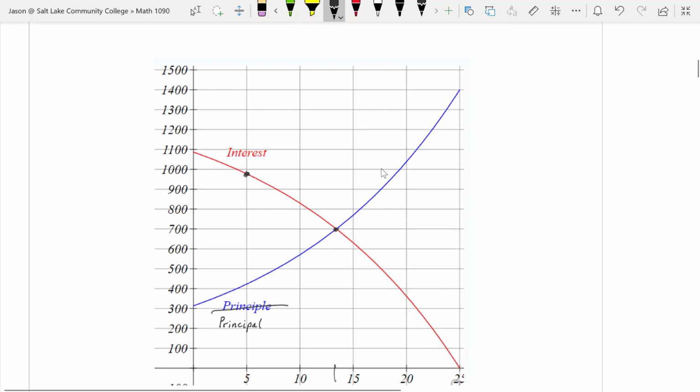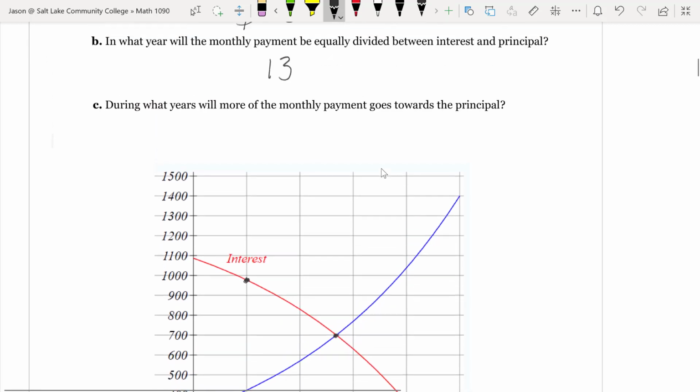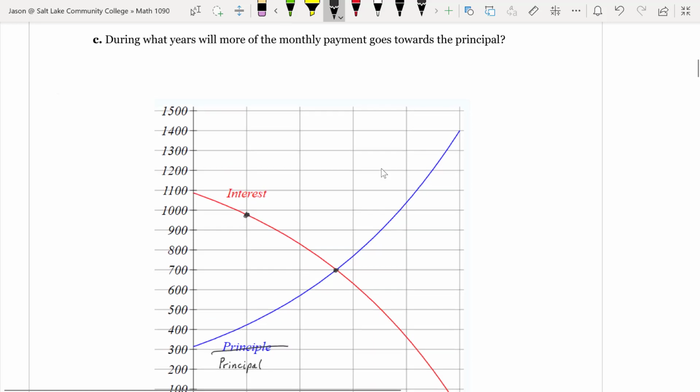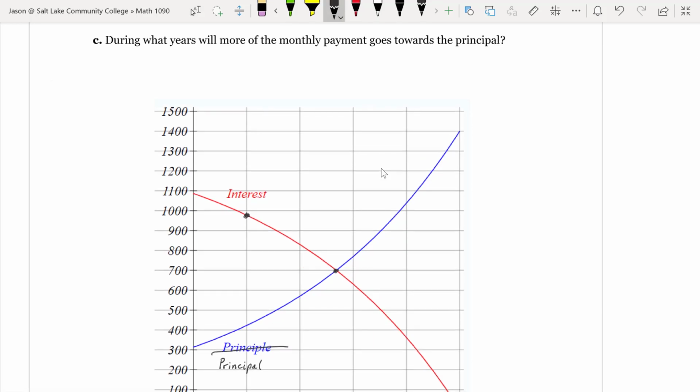So that would be in this region here. So everything beyond year 13, more of the payment goes towards the principal. So that would be years 13 to 25. Okay.